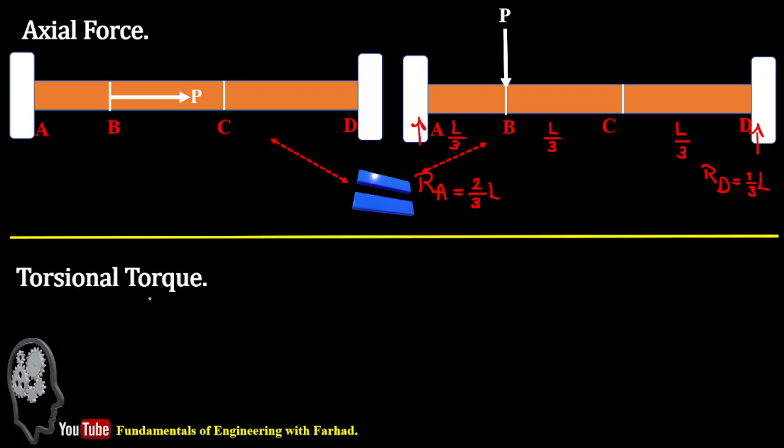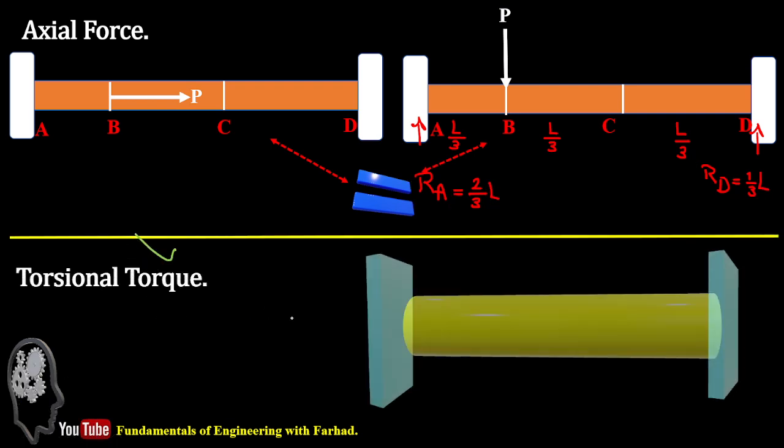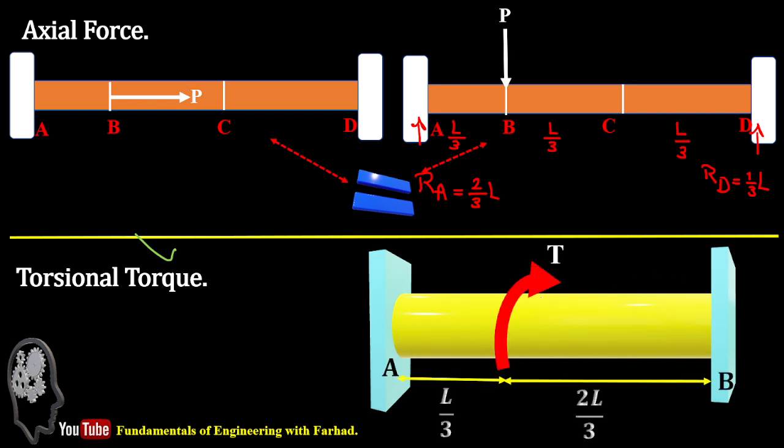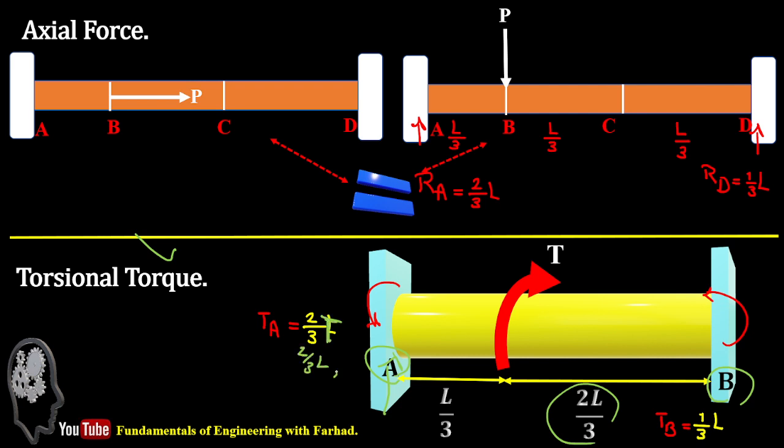You can have the same analogy for torsional torque. If you have a two fixed support shaft and a torsional torque applied at L over 3 from A and 2L over 3 from B, definitely the share of A is bigger, and that's 2/3 of T, because that's 2/3 of L over L times T, and this is 1/3 of T, because that's 1/3 of L over L times T. L and L cancel out.